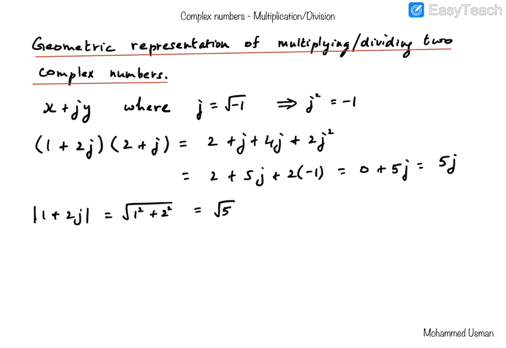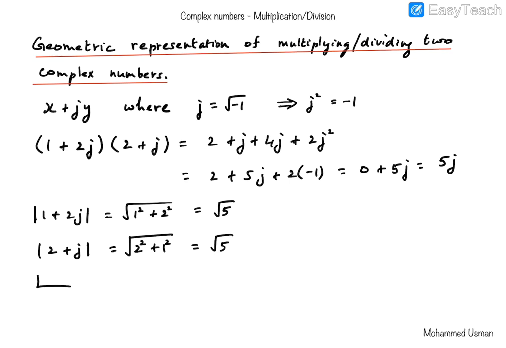The magnitude of the second one is the magnitude of 2 plus j, which will be again square root of 2 squared plus 1 squared, which is equal to again square root of 5. So we have the magnitudes of these two complex numbers as square root of 5, and we can also calculate the angles of these.